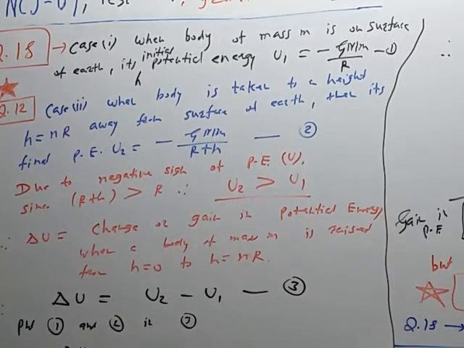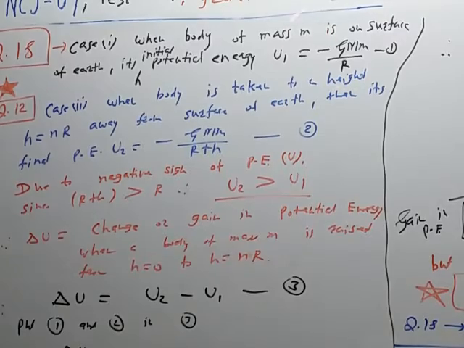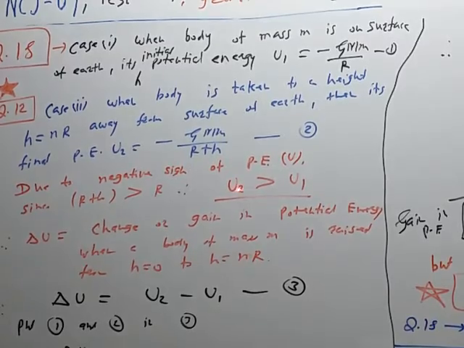For example, if we consider h is equal to R, then this will become 2 times R, and this is only R. So if this potential energy is minus 10 joule, then this will be only minus 5 joule. So minus 5 is greater than minus 10, and therefore when the body is taken from the surface of earth to height h is equal to n times R, its potential energy increases from U1 to U2. Initial potential energy is less, new potential energy is more.